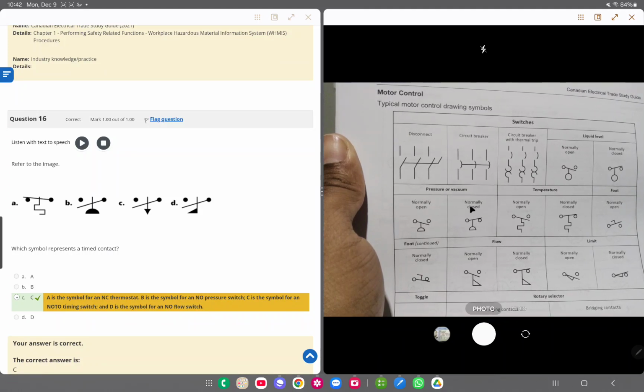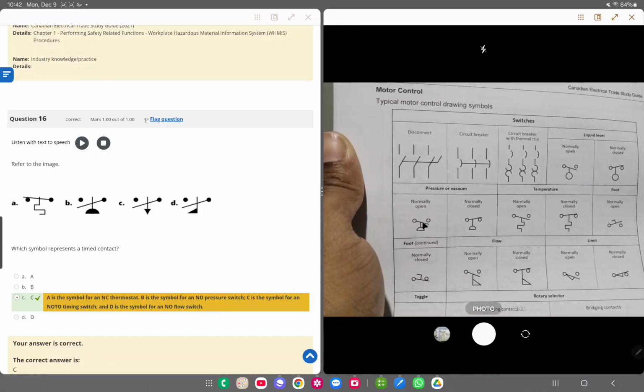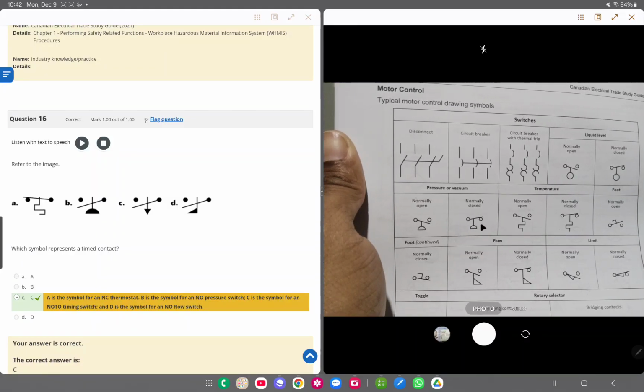One thing we can see is that the line between the two contacts for normally open is always below the circle on the right. Normally closed is always above the circle on the right.